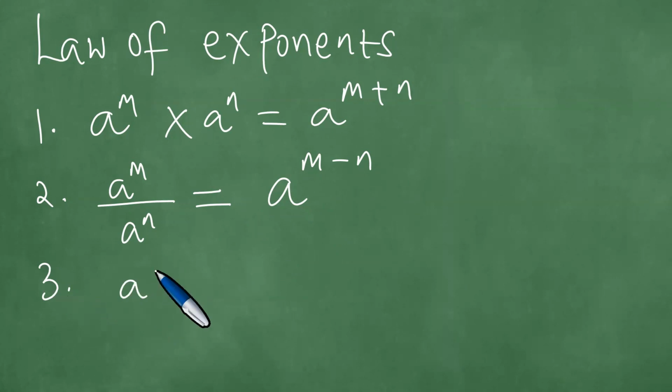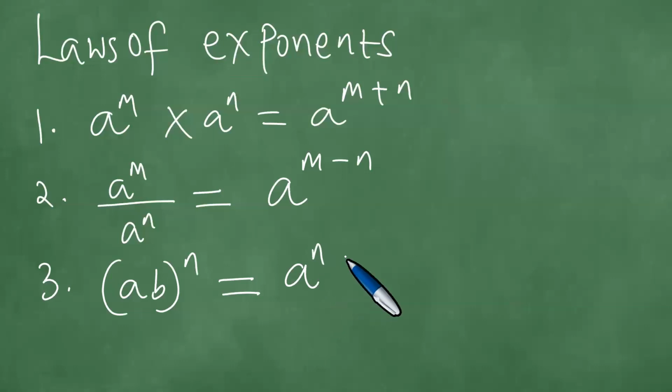What about if we have (ab) all to the power n? What is this equal to? a to the power n times b to the power n.